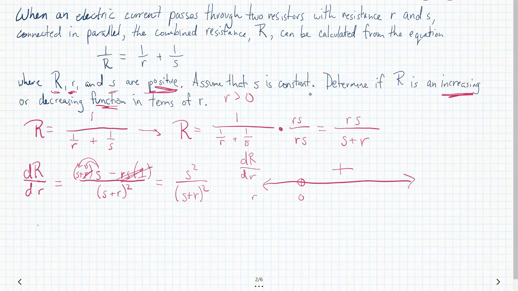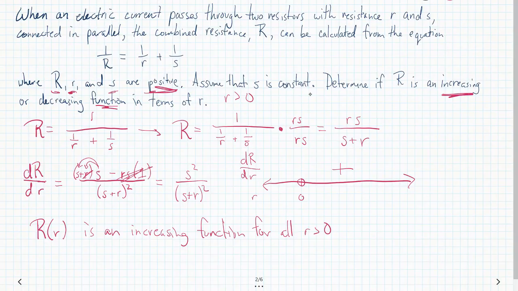So R of little r, I should say, is an increasing function for all r greater than 0, right?